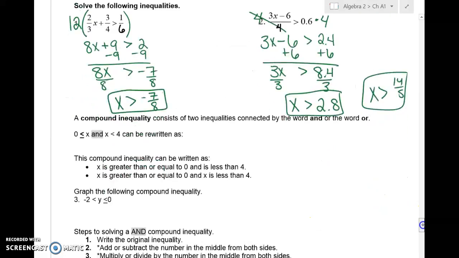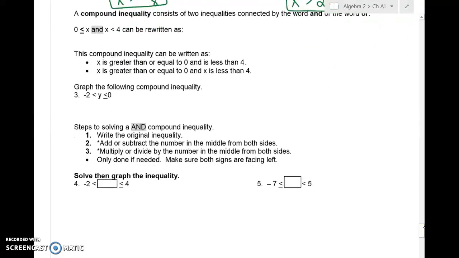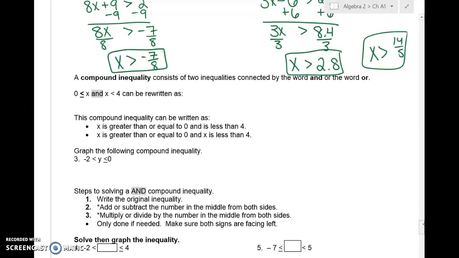All right, compound inequalities. Compound inequalities are inequalities that are connected by the word and or by the word or. An and inequality is basically where the solutions overlap. 0 is less than or equal to x, and x is less than 4. That means x can be larger than or equal to 0, but at the same time smaller than 4.